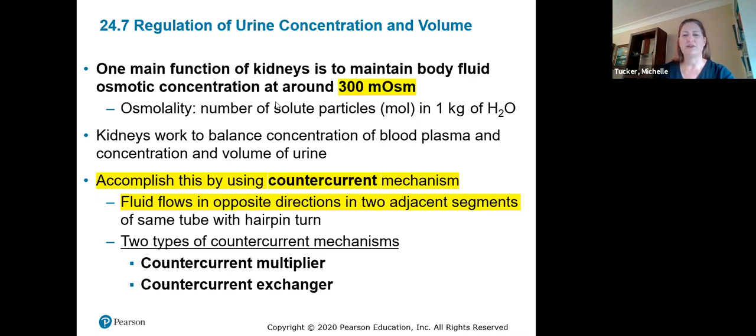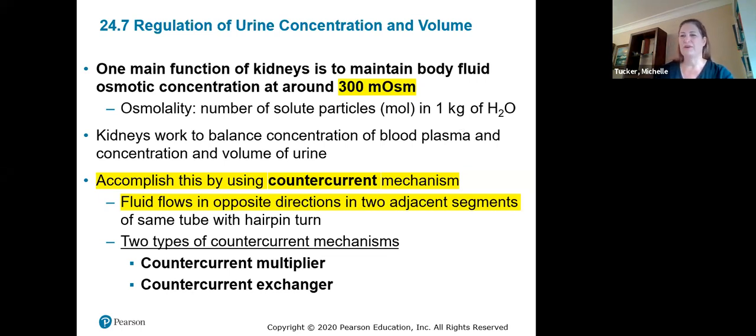Osmolality is the number of solute particles in 1 kilogram of water. Osmolarity is the number of solute particles in 1 liter of water. But guess what? 1 liter of water weighs 1 kilogram.